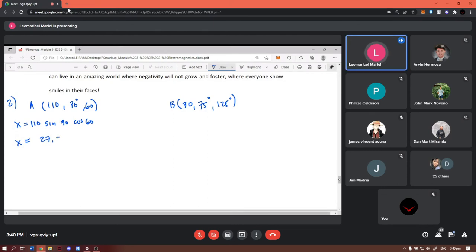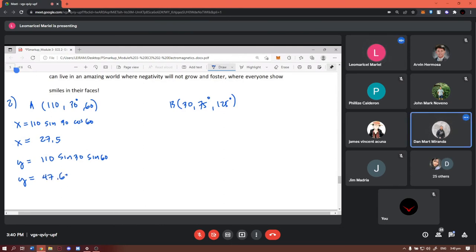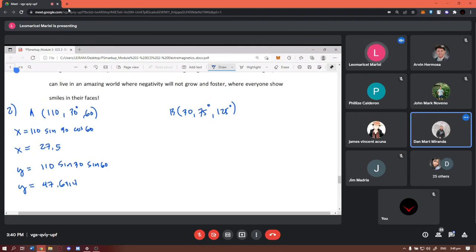Wala nang decimal na iba. Okay. How about your Y? So that will be 110 sine 30 sine 60. So what is your Y? 47.6314. Okay, tama ba sa iba?